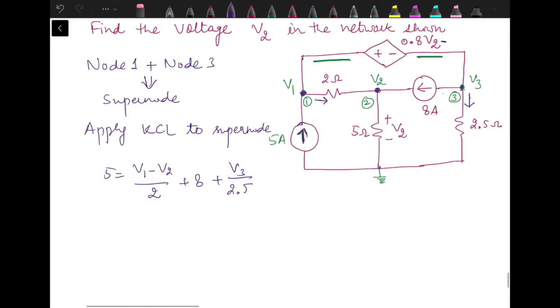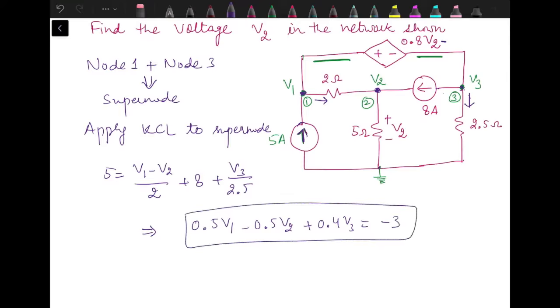So this equation can be written as 0.5 V1 minus 0.5 V2 plus 0.4 V3 equal to minus 3. This is the first equation. Second is the equation from the constraint imposed by the voltage dependent voltage source.